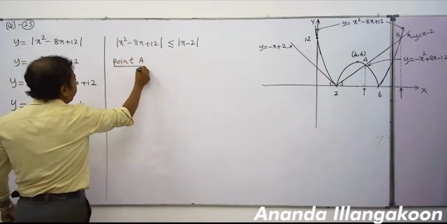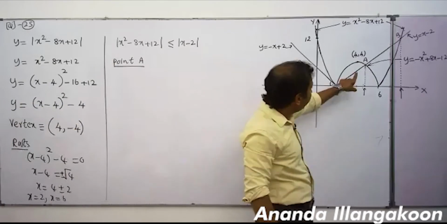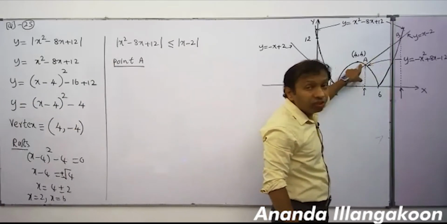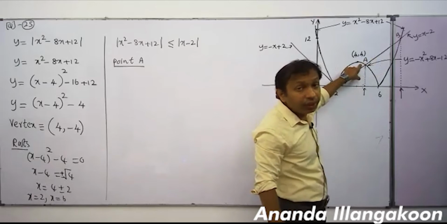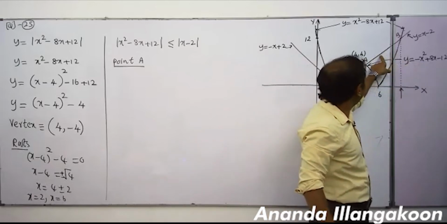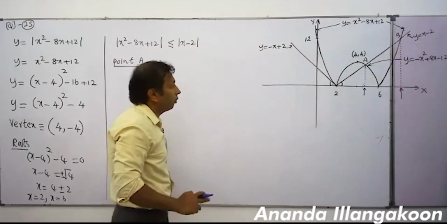Okay, now we have to find point A and point B. Point A, right? Point A is the intersection of this line and this curve. Then we have to simultaneously solve that equations, right? What is the equation of this? It is this. Equation of this is y equals x minus 2. Then equate y values of them.